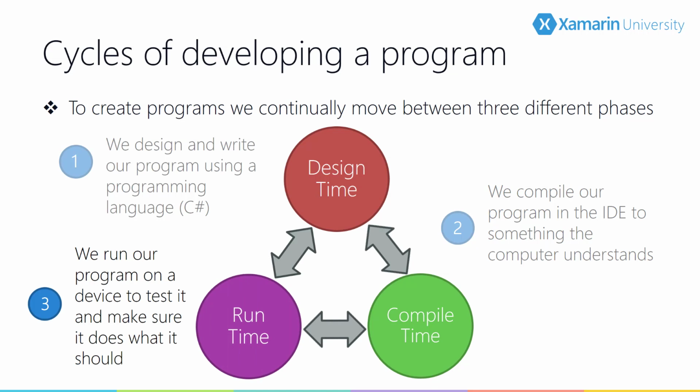And then finally we have runtime, and this is where we actually run the application, whether it's on a computer or a mobile device, whatever it is, we're running and testing it to make sure it's doing the correct thing that we told it to do. And this process never ends. We continue to repeat steps 1, 2, and 3 over and over again until the application is done.